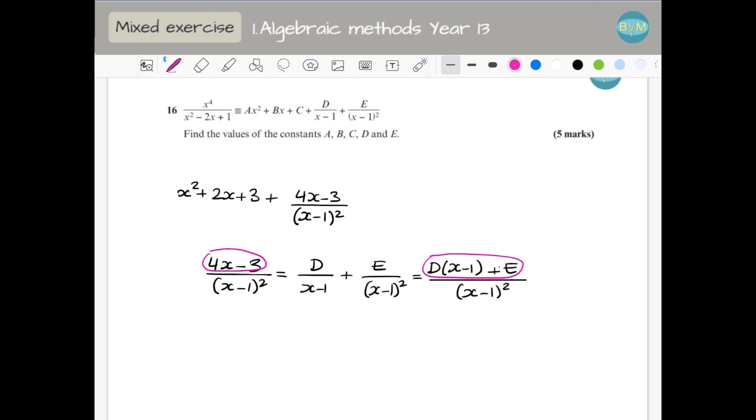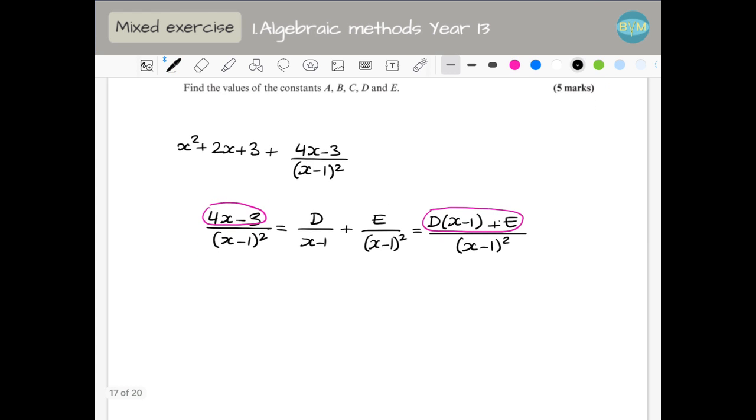I can, for example, substitute x by 1 to find one of the coefficients, so x equal to 1, to make this bracket 0. So I have 4 times 1, 4, minus 3, 1 on the left. And on the right, this one is 0, so I have only E. So I found E, and I just need D.